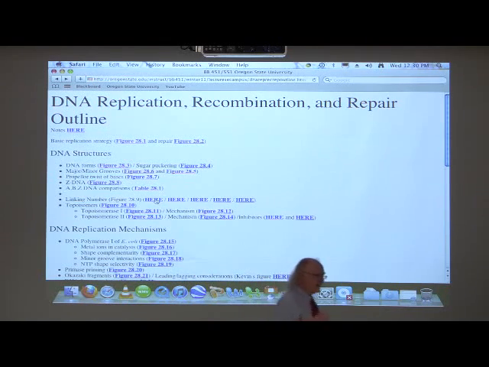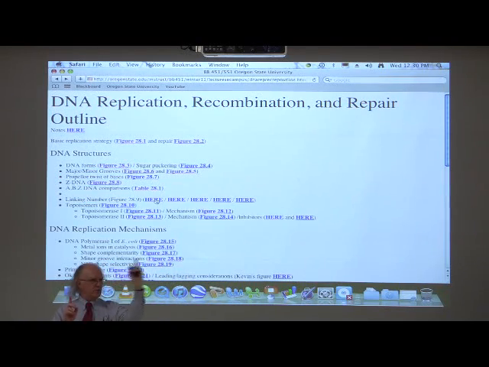The strain in DNA arises from how many twists and turns we put into that DNA molecule. Okay? What Watson and Crick discovered was that the B form of DNA, which is the most common form of DNA, has about 10.5 base pairs per turn. Meaning that if I go one complete turn of the DNA, I've gone 10.5 base pairs.